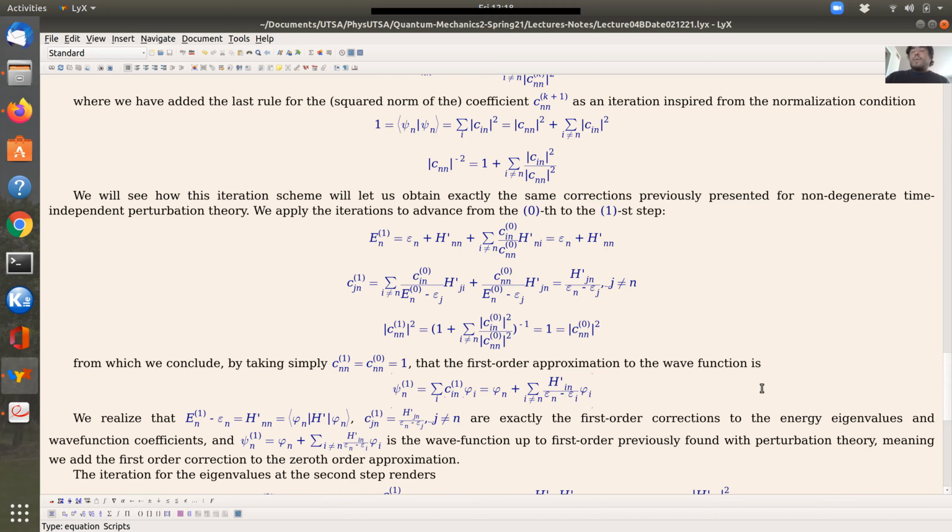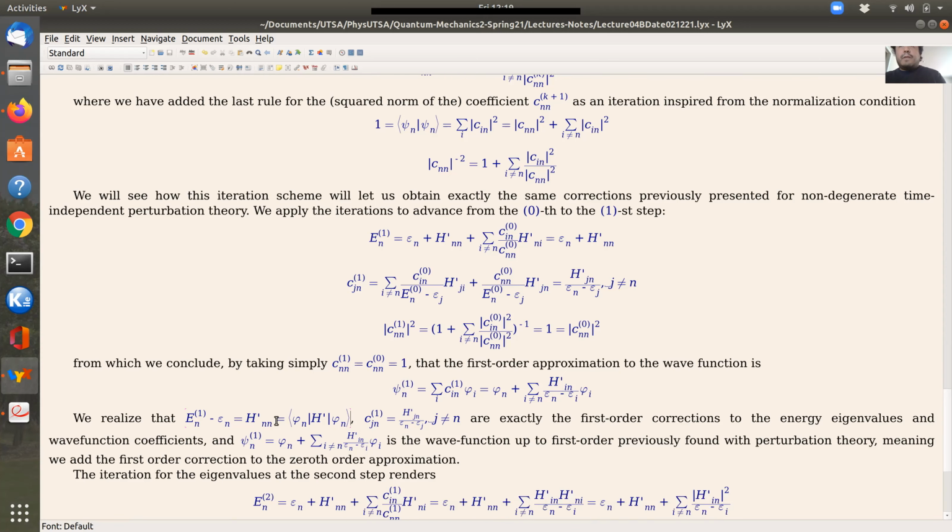This is quite nice because, at this point, we're just at first order. But look at what we got for the energies in the first step of the iteration. This is telling you that the approximation at the first step for the energies minus the old values for the energy, which was the zeroth step approximation, is basically H'_nn, the matrix element of H' in the unperturbed basis states phi_n, which is exactly what first order perturbation theory predicts.